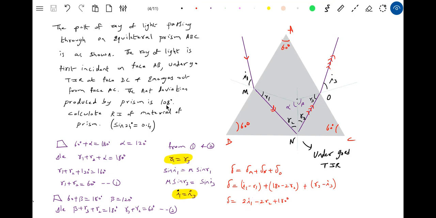How to solve further? We will take help of this condition: R1 plus R2 equal to 60 degrees. So R1 equal to 60 minus R2. Already we know R1 plus R2 is 60 degrees. So let me take sine on both sides. Sine R1.